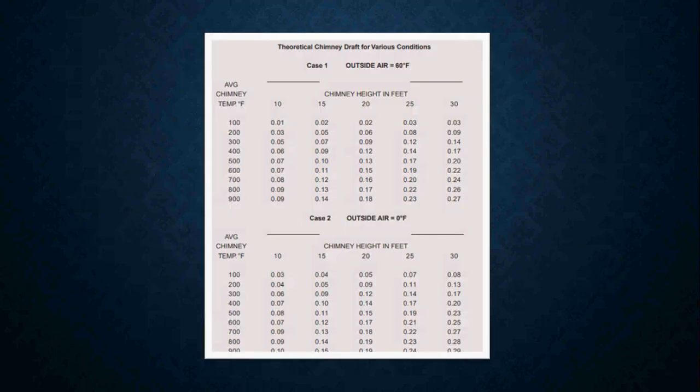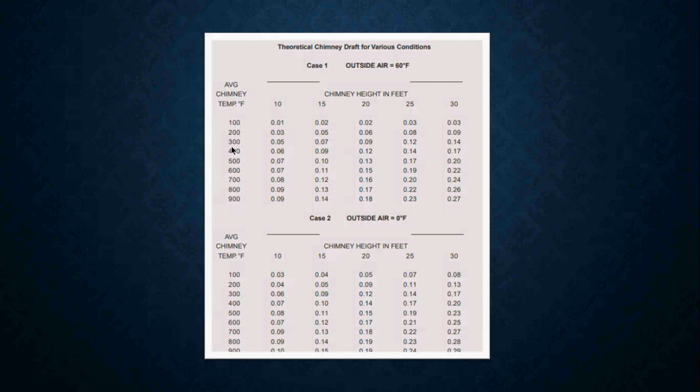So here's an example of what we talked about with different variations based on different temperatures. Here's case number 1. We have an outside air temperature of 60 degrees. So let's take an average here. Say we did an inspection or a service on a unit, and we had an average chimney temperature of 300 degrees.